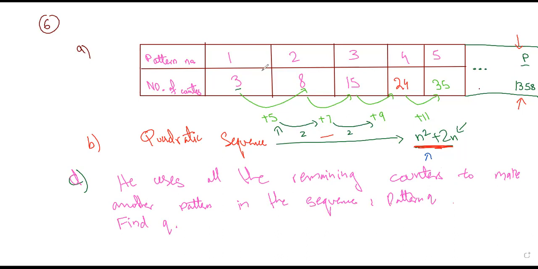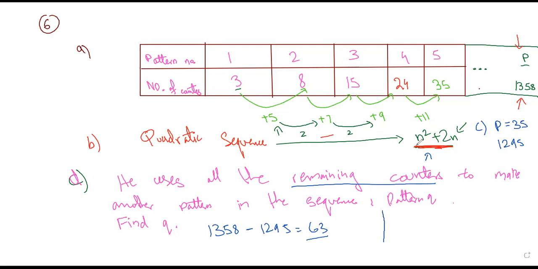Now, guys, first thing is, what is the number of remaining counters? So basically, for part C, we got that he would be able to make pattern 35, which required 1295 counters. He had 1358. So how many are remaining? 63. Okay, very good. Now 63 is the number of counters he has.